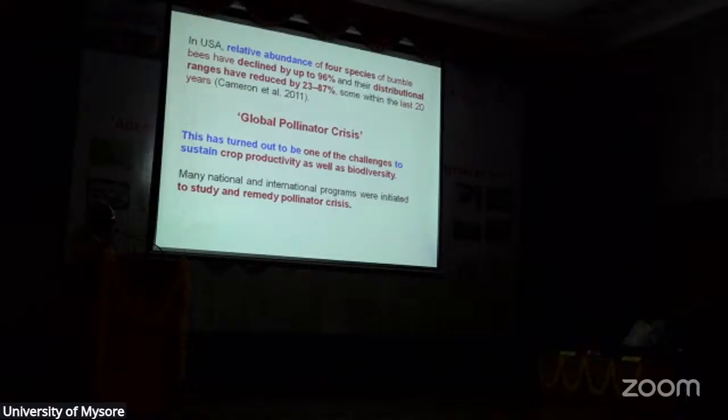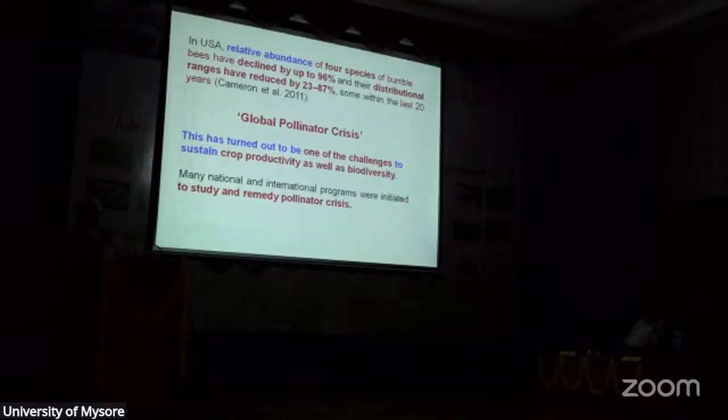So all these led to a concept that we are going to face a global pollinator crisis. Unless we tackle this crisis effectively, we are going to face serious problems, both as far as crop productivity as well as the conservation of biodiversity.